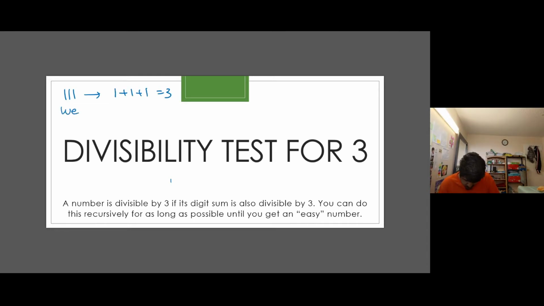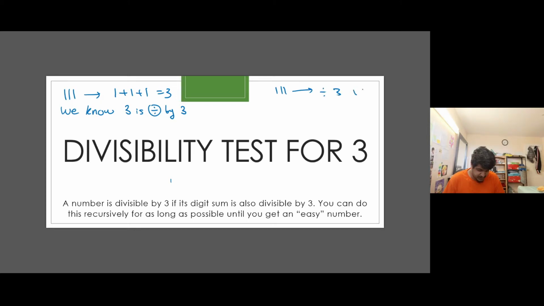And we know that 3 is divisible by 3, right? So 111 is divisible by 3. This is correct. And if we just check using our calculator, 111 divided by 3 is equal to 37. There's a little happy face for you.